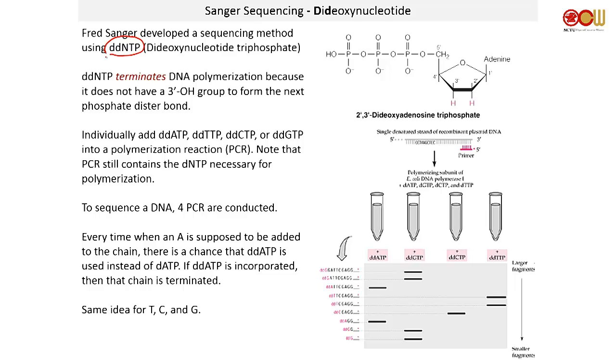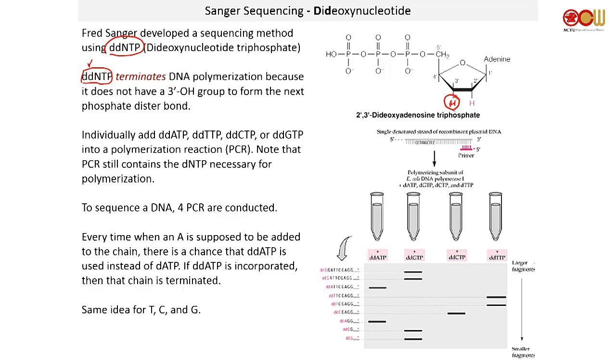So what happens is that ddNTP, the dideoxy nucleotide triphosphate, if it gets incorporated into your growing chain, it actually permanently stops that chain from growing further. The reason it has two Ds in front of the NTP is that at the 3' end, normally we have an OH group there, but in the ddNTP version, it's a hydrogen.